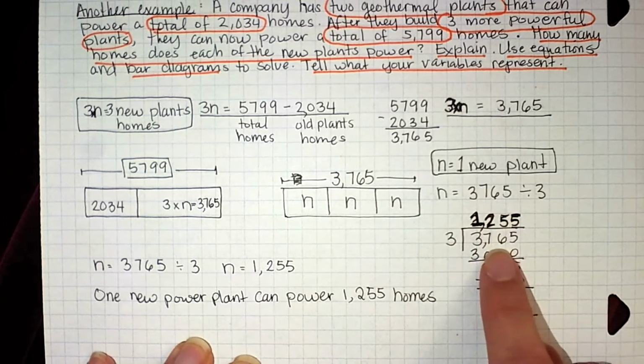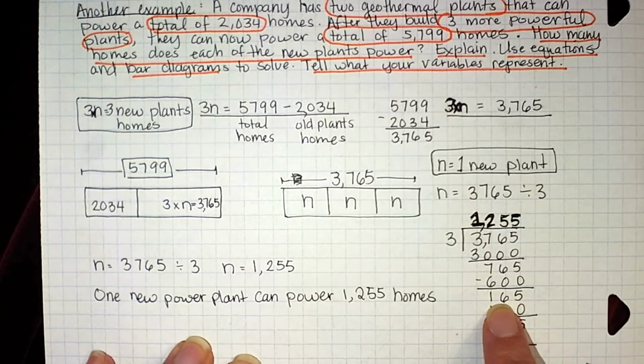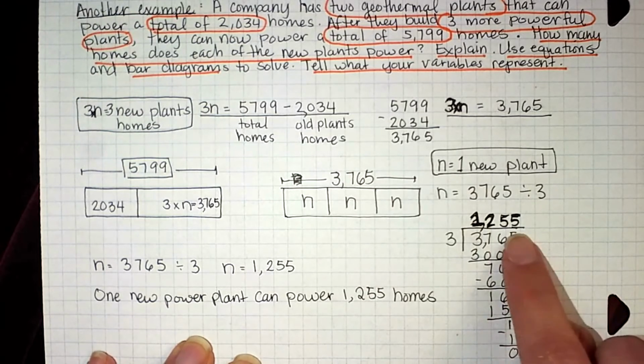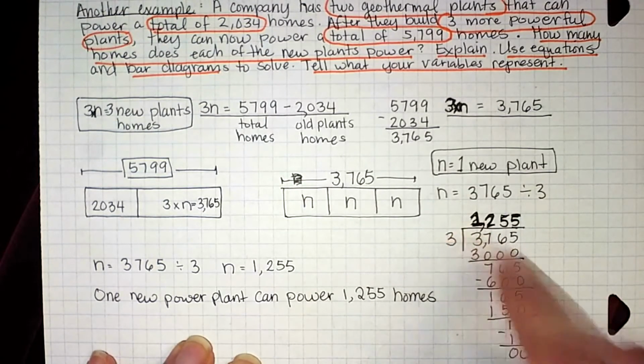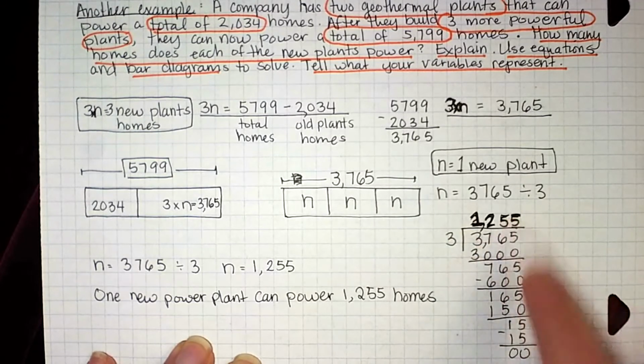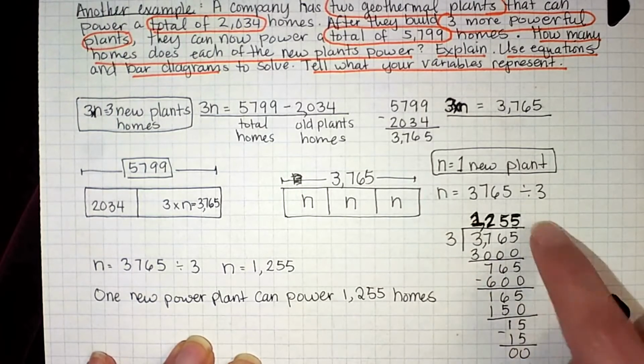Now that I'm working in the hundreds place, there's 300s that go into 765. So 3 times 200 is 600. That leaves me with 165 as my difference here. Now I'm working in the tens place. So 3 times 50 will give me 150 because 3 times 5 is 15. 3 goes into 165 50 times. So 165 minus 150 left me with 15. And 3 goes into 15 5 times.